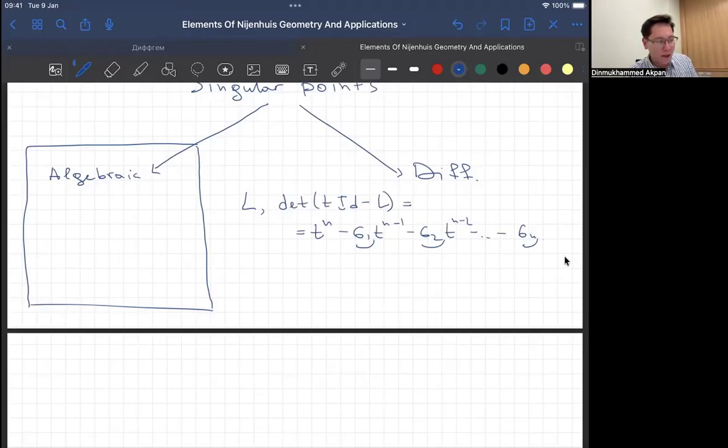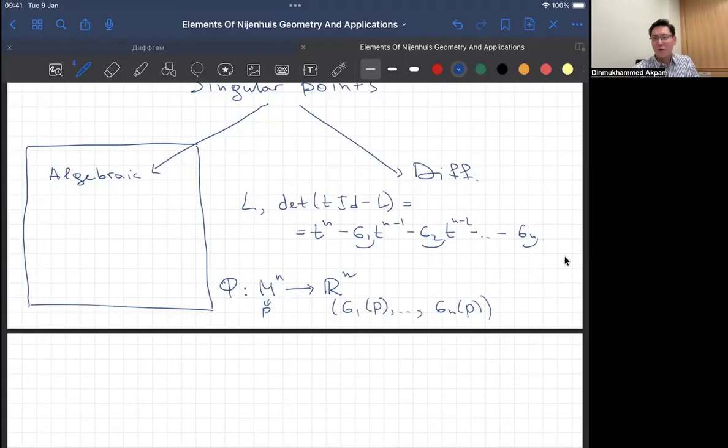This set of functions defines a mapping phi from our manifold to R^n. We take a point P on our manifold and calculate the set of functions sigma 1 of P, etc., sigma n of P. So we have a mapping from our manifold to R^n.